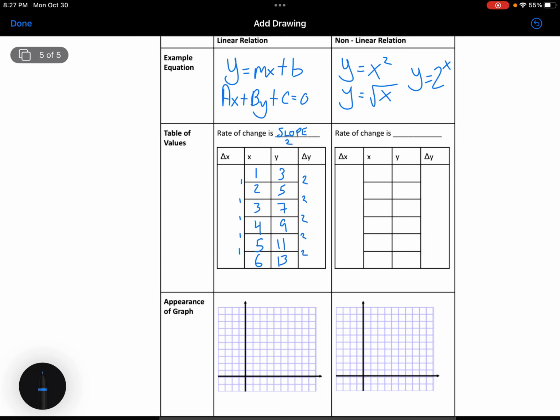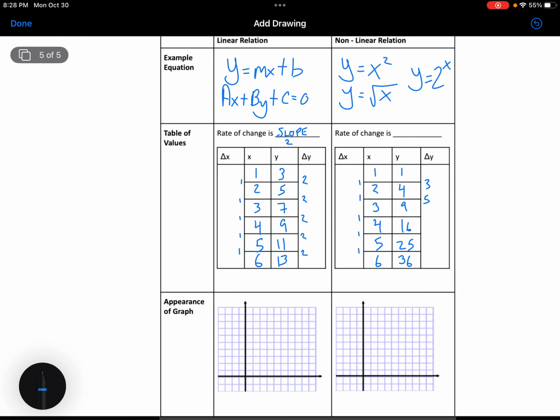Here, if we look at it, if we went like 1, 2, 3, 4, 5, 6, and we were just doing something like x squared, we'd get 1, 4, 9, 16, 25, 36. So we're still going up by 1 each time on the x's, but here 3, 5, and you can see already that it's not similar, but there is something unique about it.